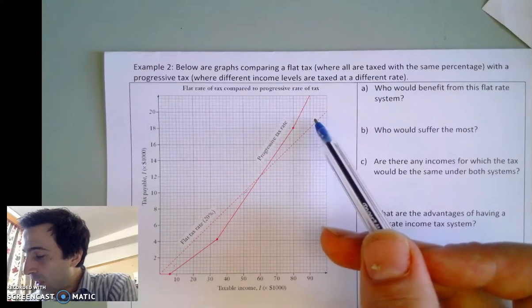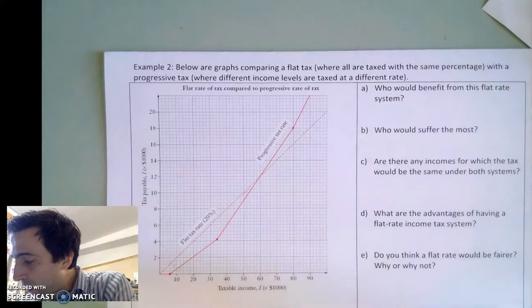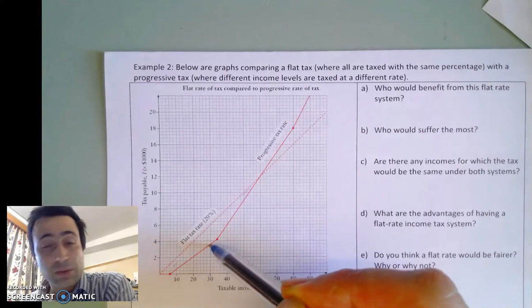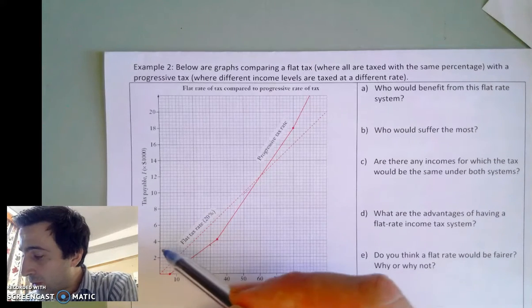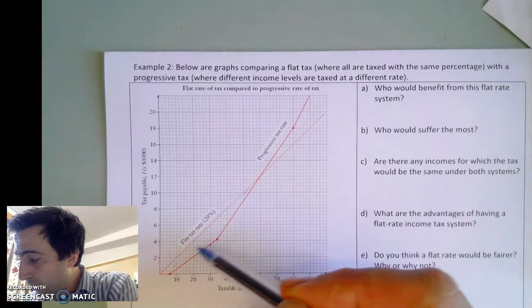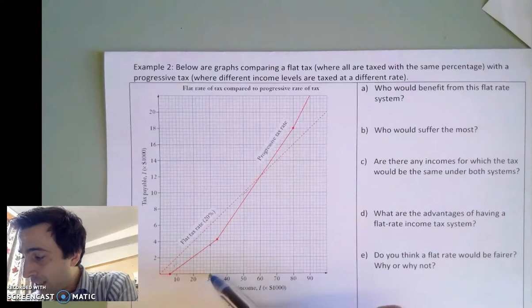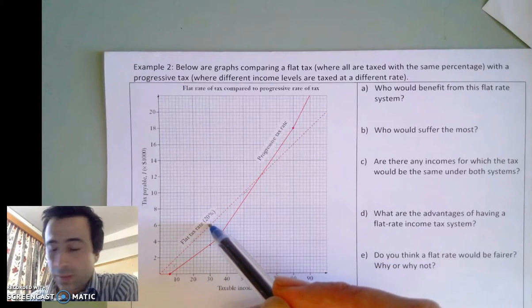We see here, if I'm earning $30,000 on a progressive tax rate, I would only pay about between $2,000 and $3,000. Whereas if I'm earning $30,000 on a flat tax rate, I'd pay a lot more.